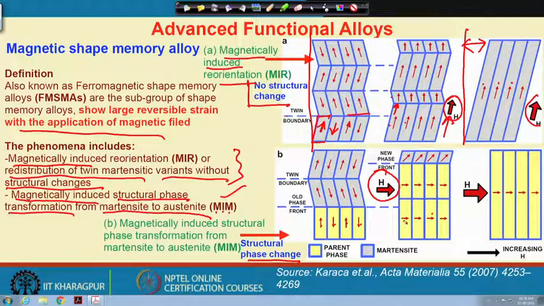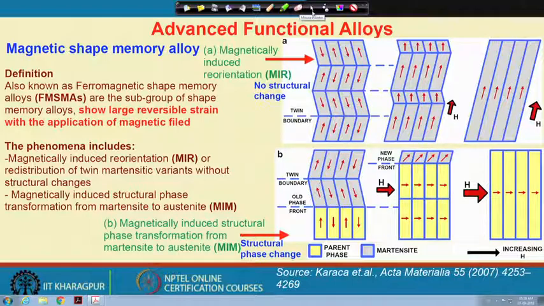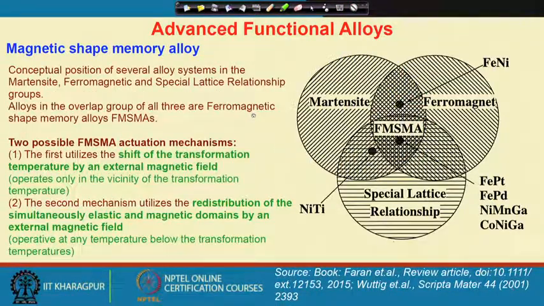At the same time, we align the magnetic domains along the direction of the applied field. Now, the austenite phase covers the entire martensite upon application of a higher magnetic field, and the domains are also aligned with increasing H. This is a typical example of MIM, or magnetically induced structural phase transformation from martensite to austenite. This is also a very interesting phenomenon in ferromagnetic shape memory alloys.